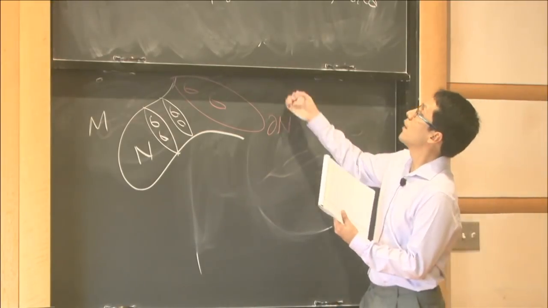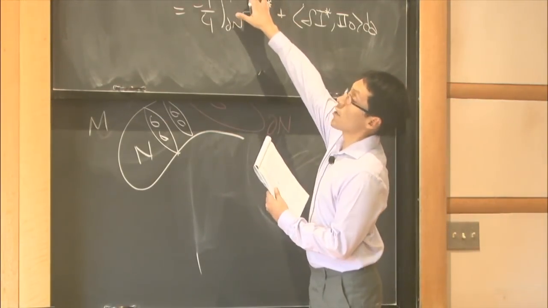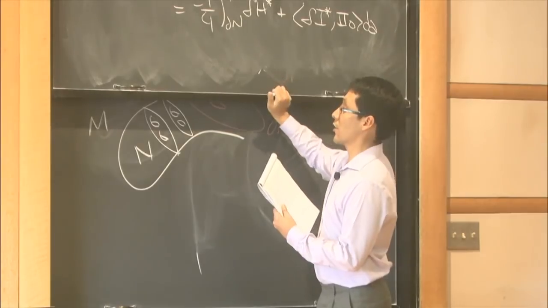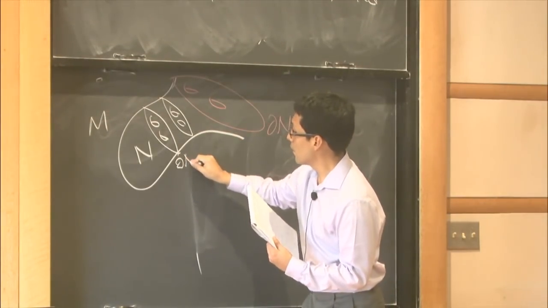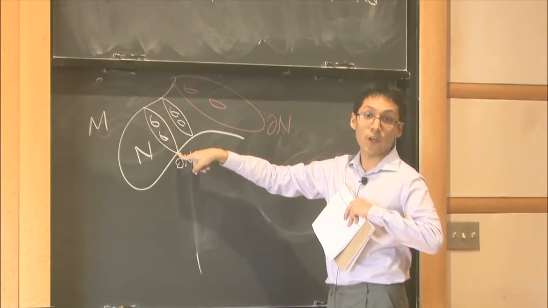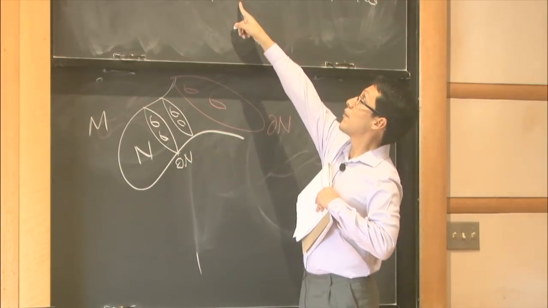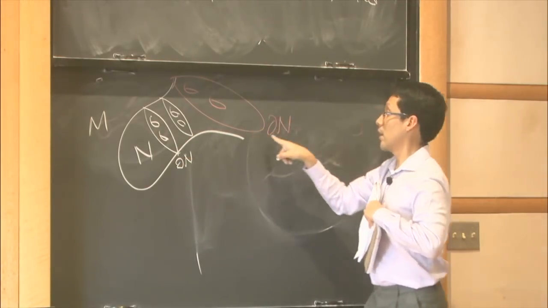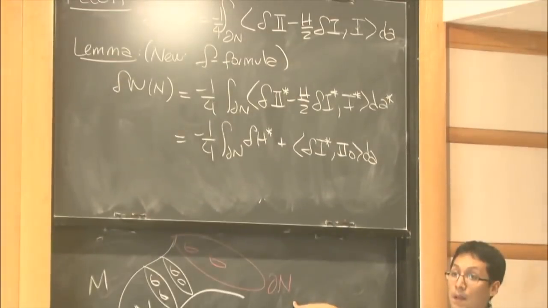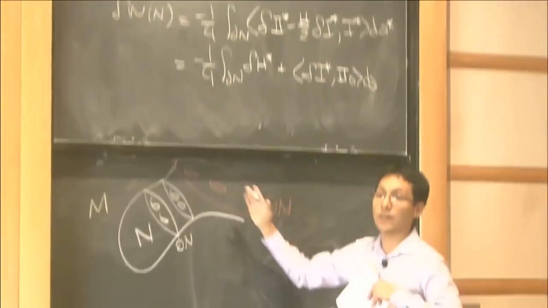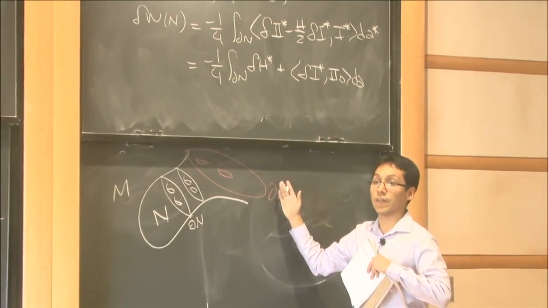Well, here, this boundary of N, where you're doing this calculation, should be this white boundary of N that you have here. This boundary of N is being done at infinity, but there is the identification that the normal geodesic flow is giving you.